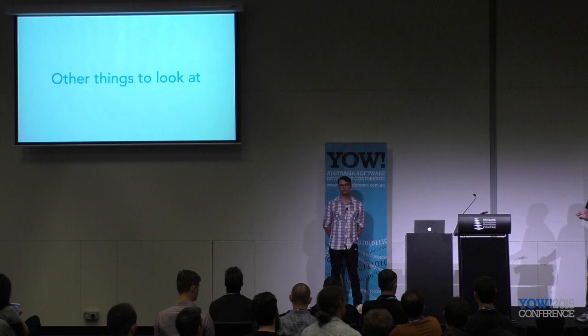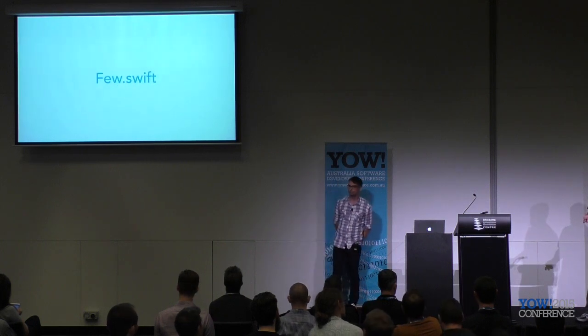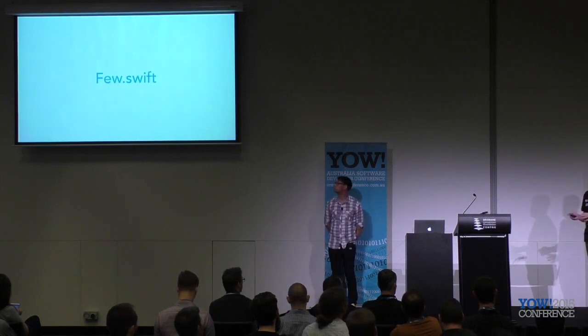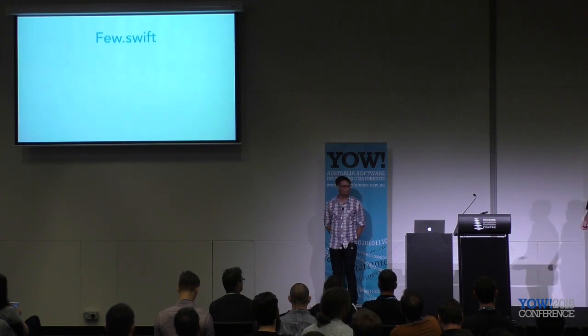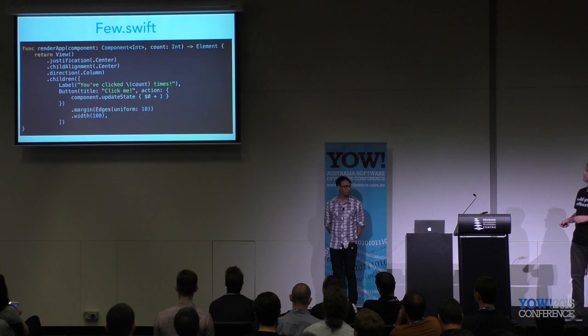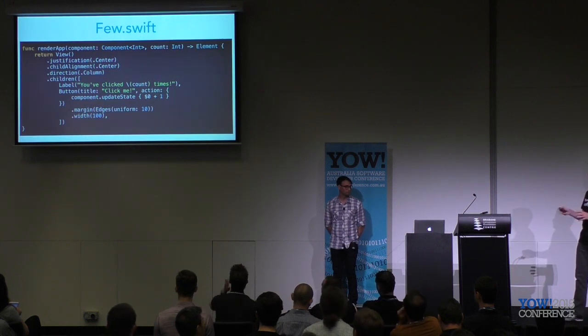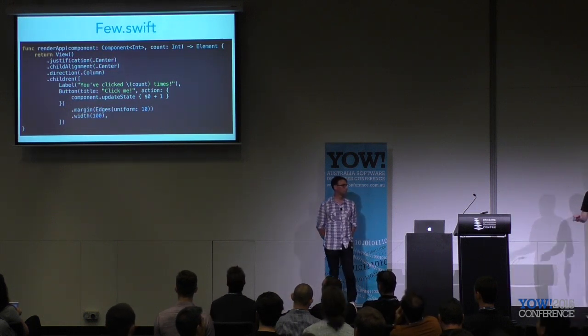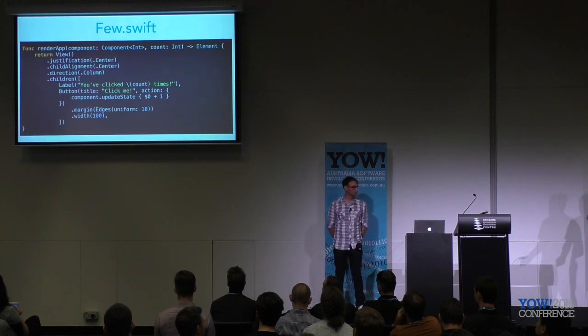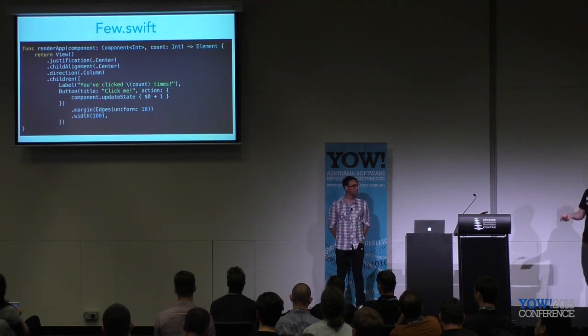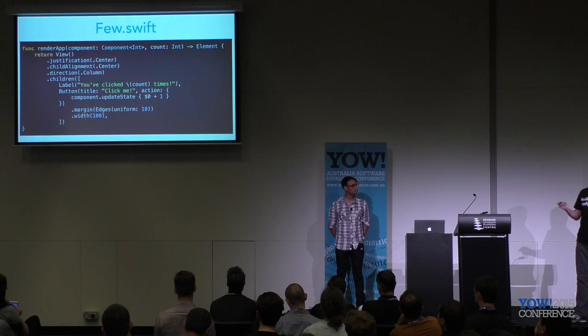Okay, so one thing that you might be interested in is something like few.swift. This really takes some of the ideas behind React and ports them literally to Swift. So here's some few.swift code. Now I'm not a Swift expert, but what you can see there is that they've got a DSL for describing their UI, just as we sort of had with JSX. And it's using a virtual view hierarchy here and taking care of all of that diff process and everything explicitly in this case.